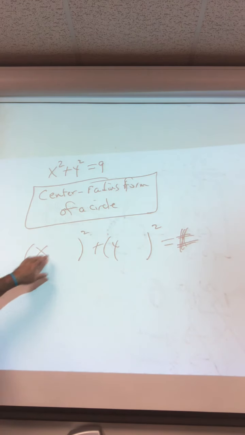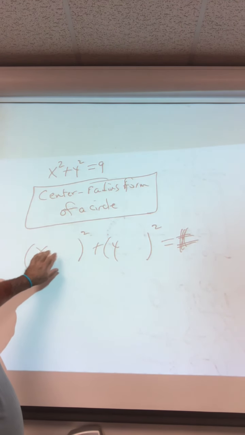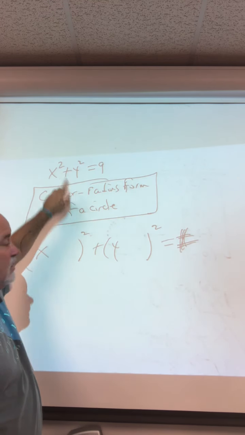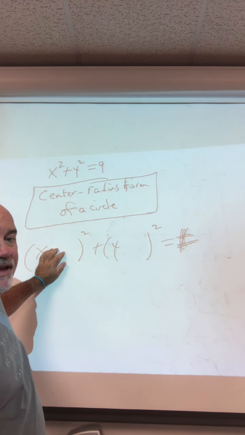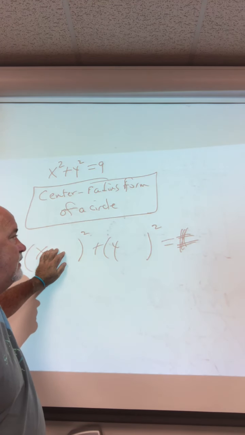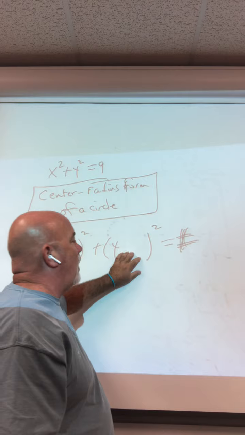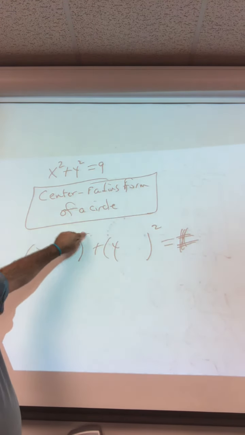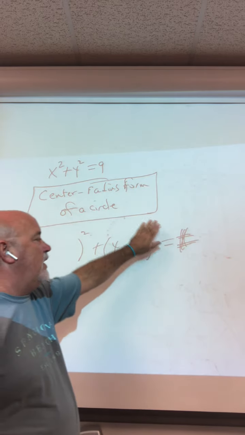Now when I say an x squared term, there may be a number behind that x. There's not in this one, but there may be a number behind the x, like x plus 3 or x minus 7. There may be a number behind the y, but it's still going to be squared. So you have an x squared term, a y squared term.